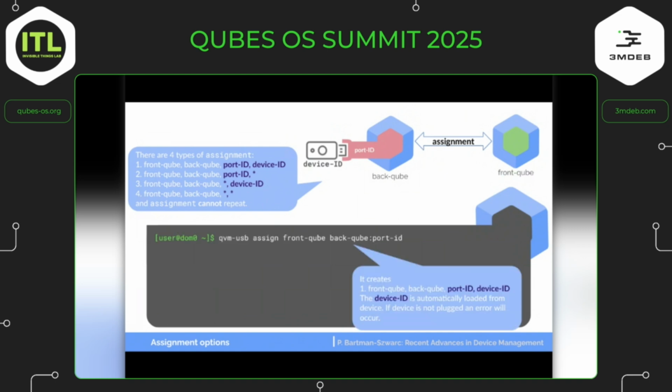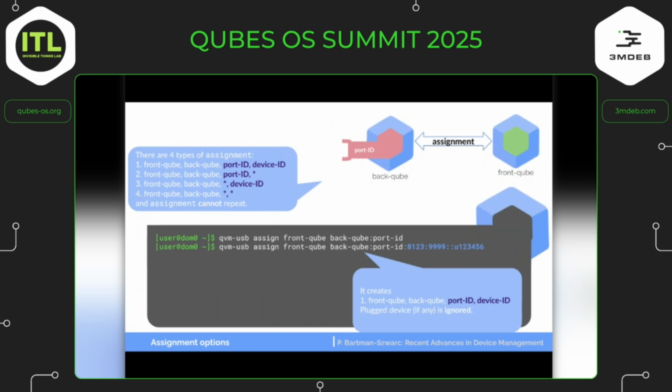For example, if we write something like this, we create the first type of assignment, where the device ID is automatically loaded from the plugged devices. And if the device is not plugged, an error will occur because we have no device ID.